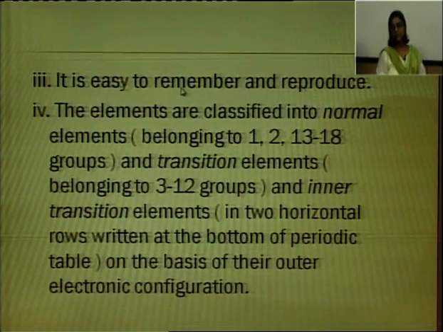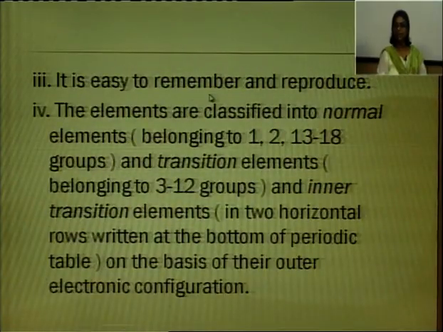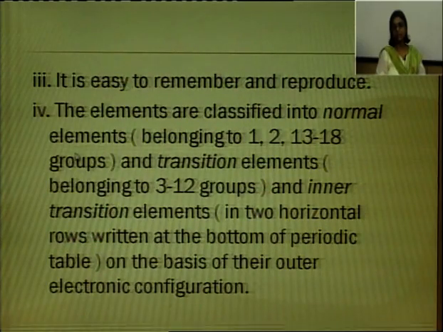Then it is easy to remember and reproduce, meaning I can write the periodic table by myself depending upon the electronic configuration of the element. Then elements are classified into normal elements, transition elements and inner transition elements on the basis of their outer electronic configuration.